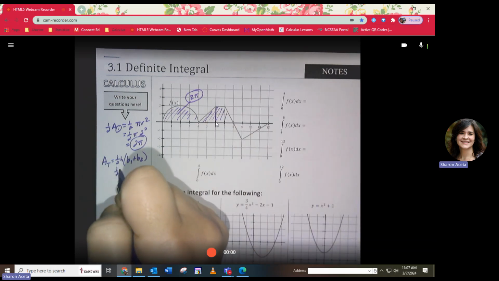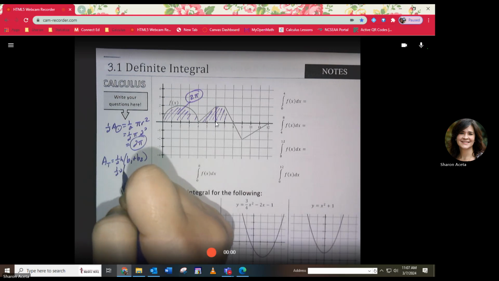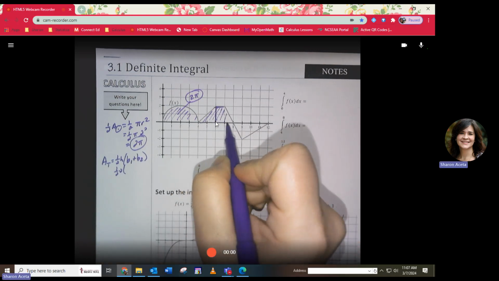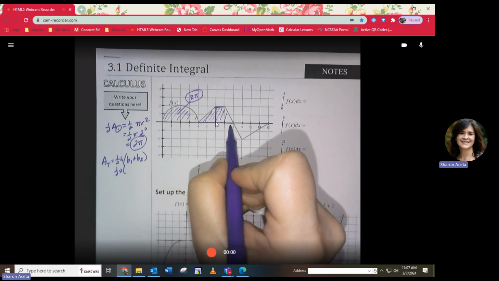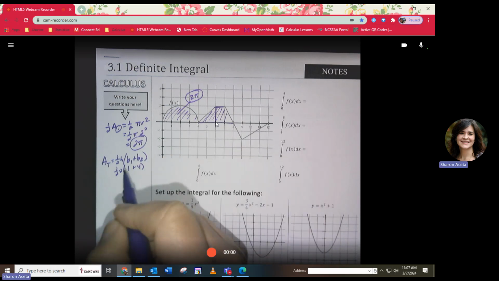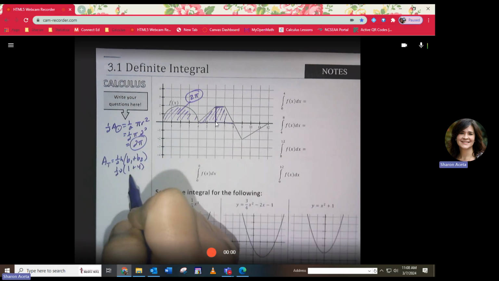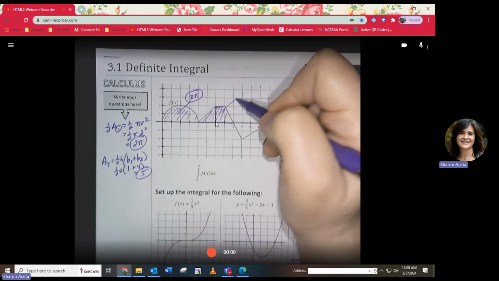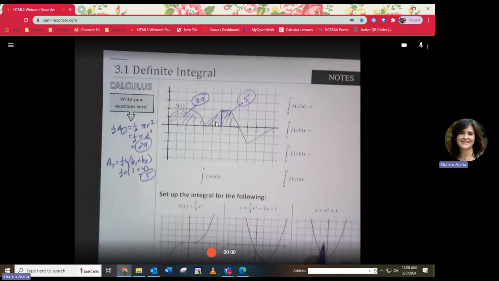So a half of 2. And then this is base 1 and this is base 2. This would be a length of 1 and this would be a length of 4. So 1 plus 4, which makes 5. So a half times 2 times 5 is just 5. So this right here has an area of 5.